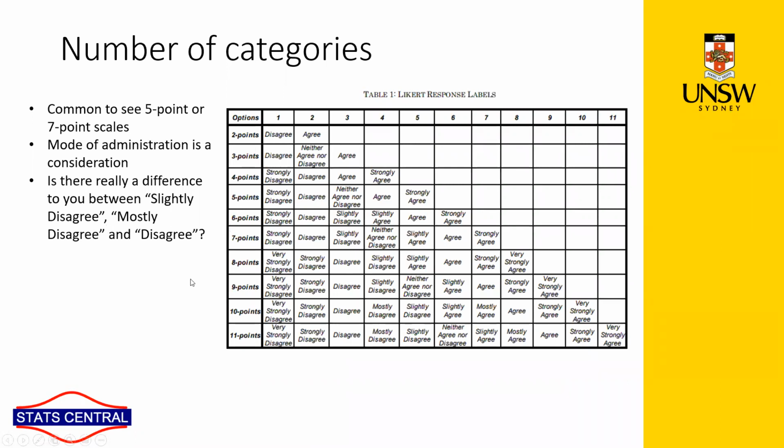Also, even if you are doing online or paper-based administration, with those scales with 11 or 10 points, is there really much difference between slightly disagree, mostly disagree, and disagree? Is there that much of a fine-grained difference between those? I don't know, maybe for you there is. For me, they're all pretty much the same.